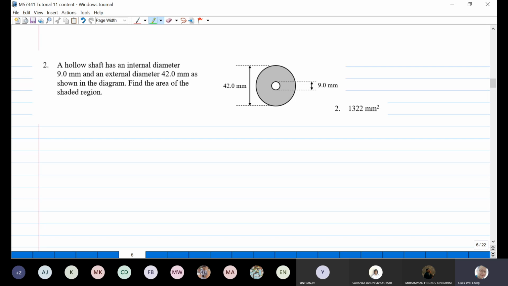The shaded area actually consists of 2 parts here. You get the area of the big circle, minus the area of the smaller circle. The big circle's diameter is 42, so the radius is 21, half of 42. Then the other circle you want to take away has a diameter of 9, so the radius is 4.5, half.